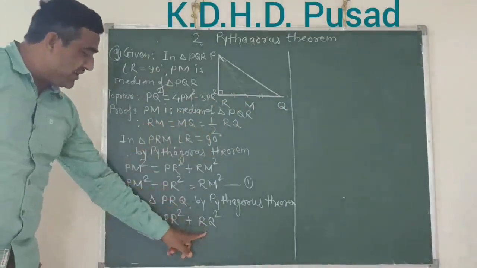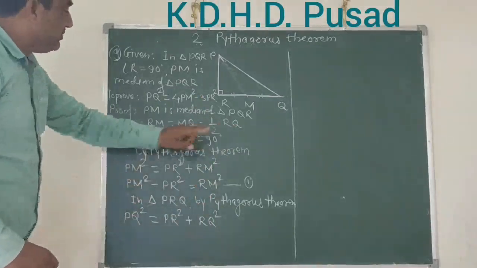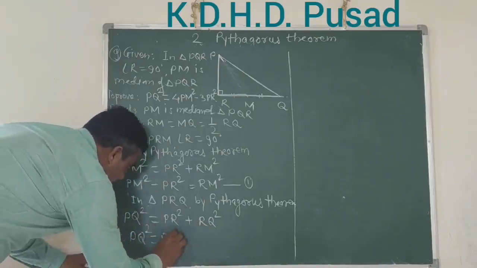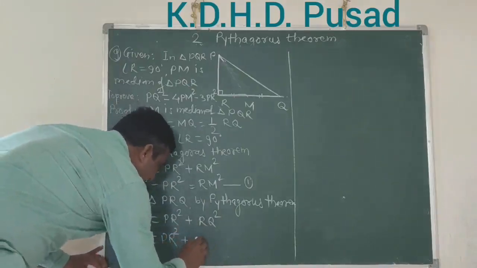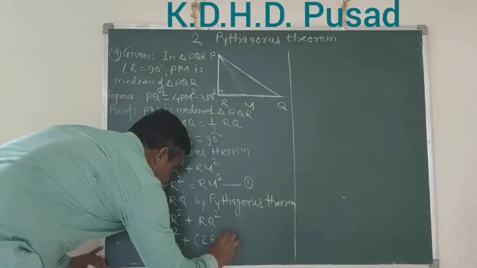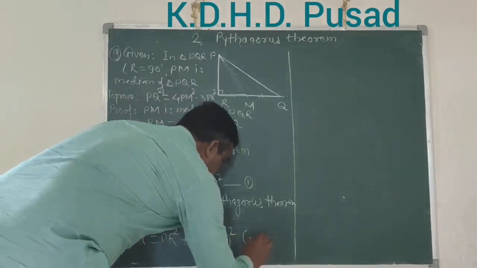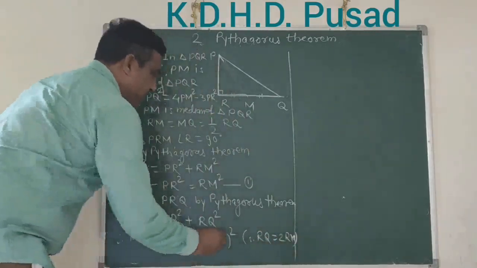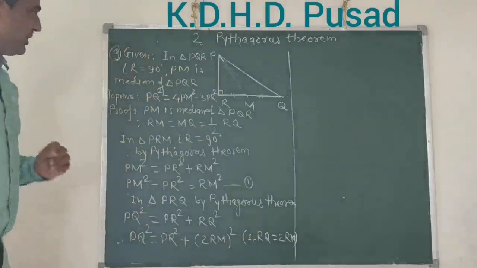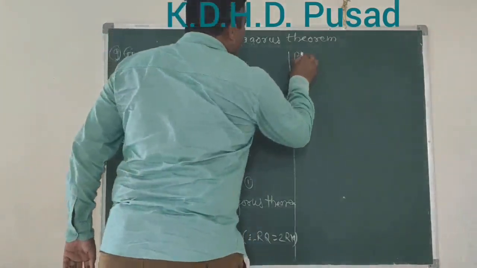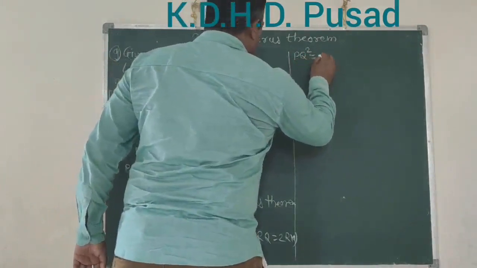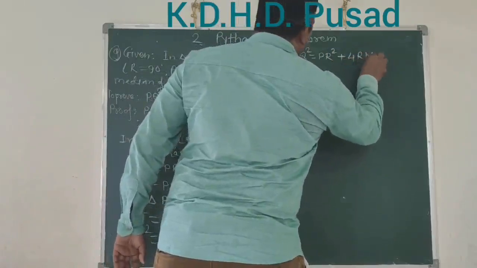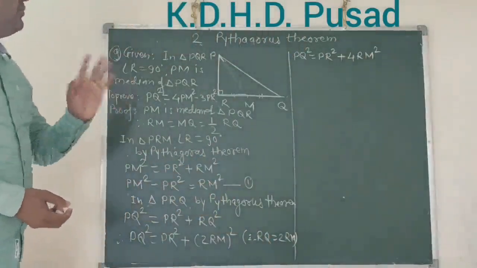Twice RM. So instead of RQ, we put twice RM. Therefore, PQ square equal to PR square plus, instead of RQ, twice RM. So if we solve this, we will get PQ square is equal to PR square plus 4 RM square.